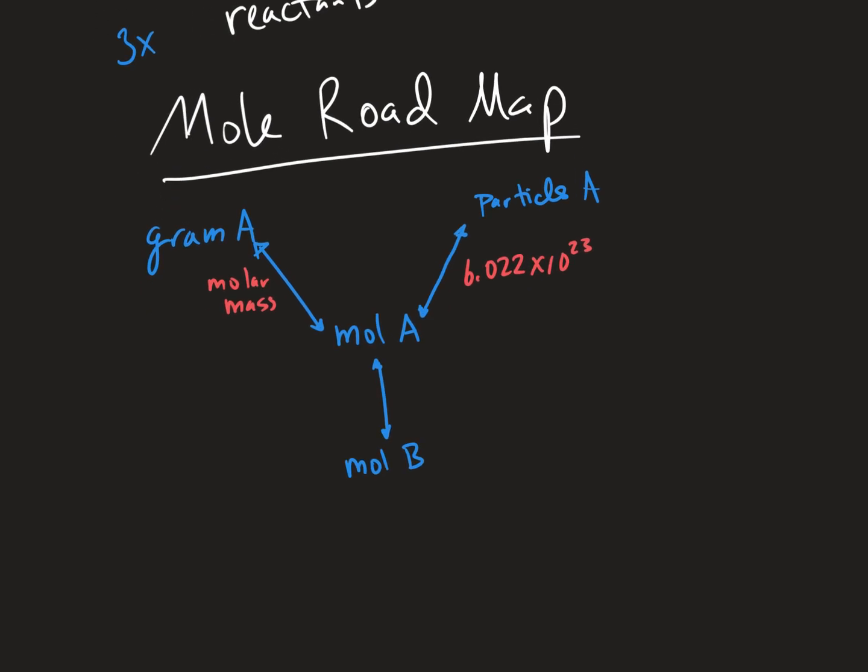This is just the mole to mole ratio from the balanced equation. So you have to have a balanced equation in order to do this. And I'll show you how to do that next unit or next time.